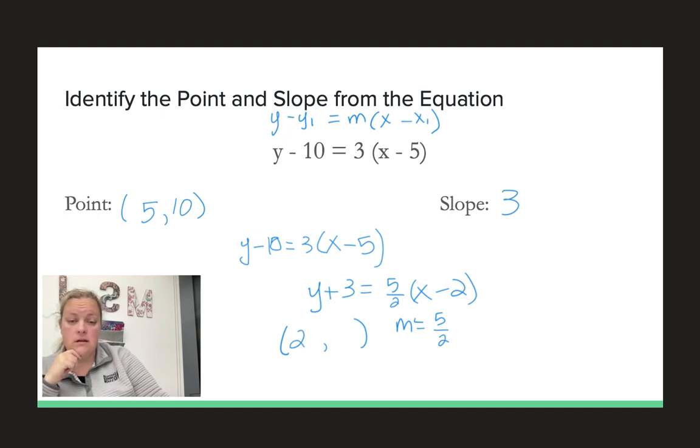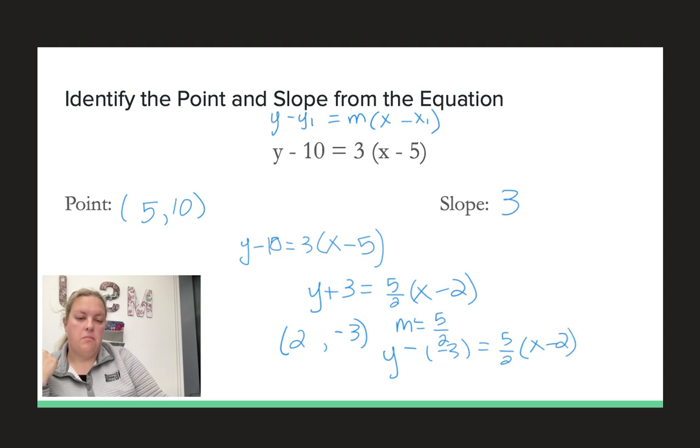It's the opposite. And because this is a plus 3, my point is actually negative. And so if we were to work backwards and put in information, we would see that y minus a negative 3 equals 5/2 times x minus 2. So the plus comes from there being a minus of a negative.